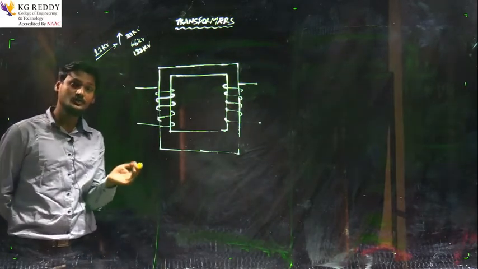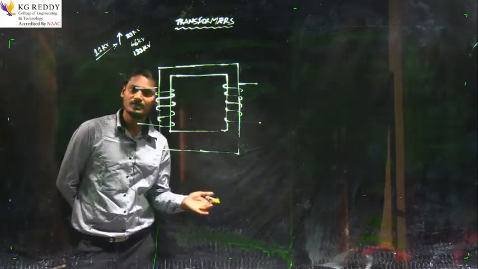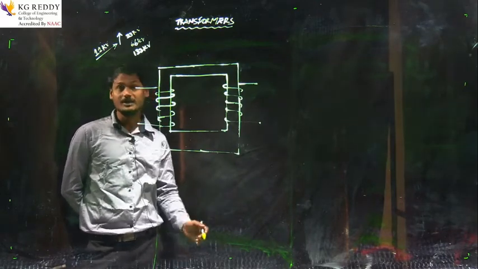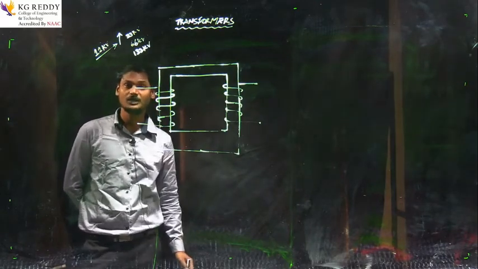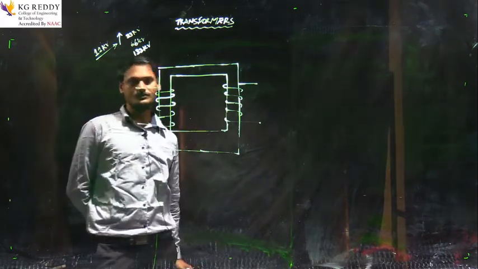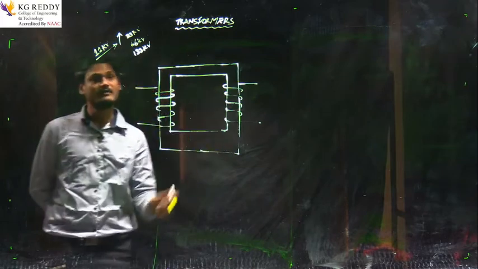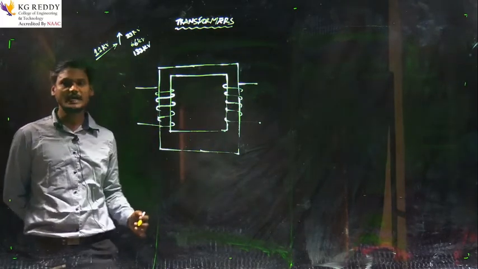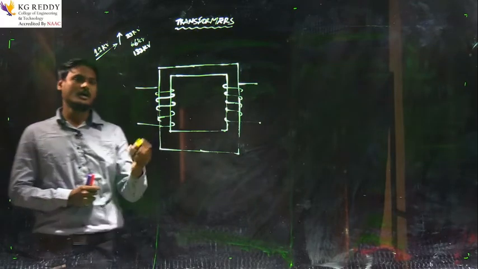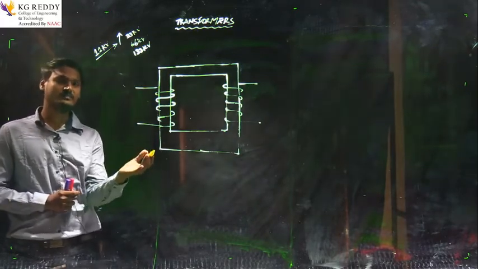And this 132 kV cannot be used by the consumer, right? In our home applications we use only 230 volts, but here we can observe 132 kV. How is it possible? That is why we are using the transformer. With the help of this transformer we can step up the voltage as well as step down the voltage levels. Okay guys, now let's look at the different kind of names it has.